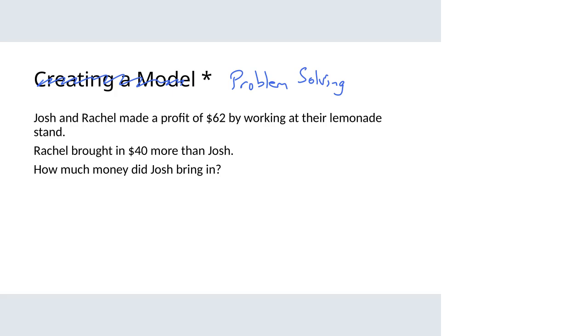It says Josh and Rachel made a profit of $62 by working at their lemonade stand. So that's how much they brought in, they brought in $62. Rachel brought in 40 more than Josh. How much did Josh bring in?